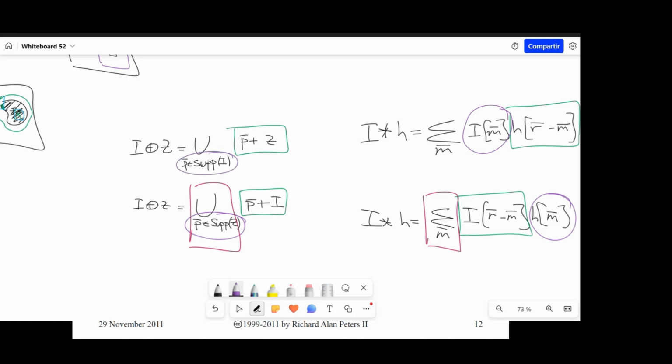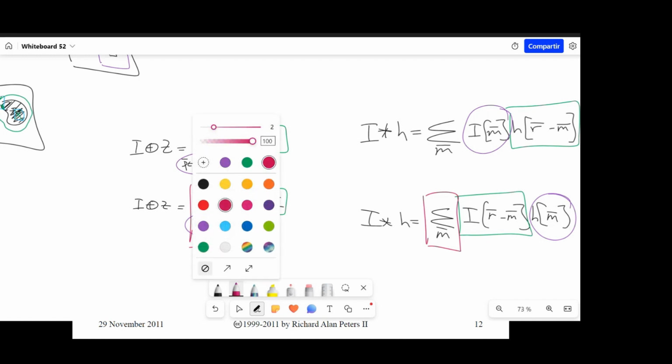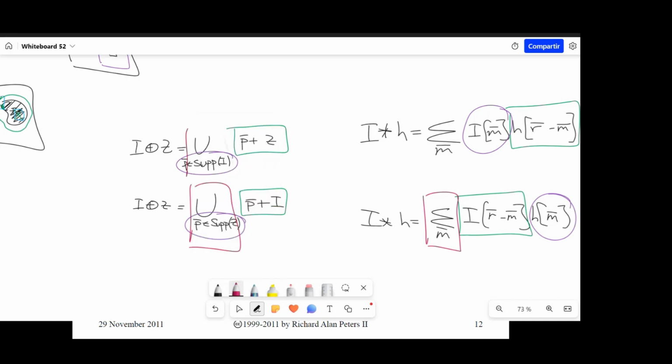And then you are gathering all those images into a single one. But it has the same structure. So dilation is a kind of convolution, but now defined with sets. So this is a very interesting new way of thinking.